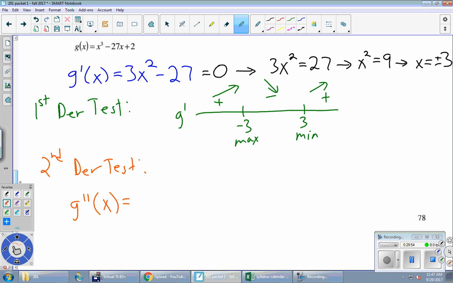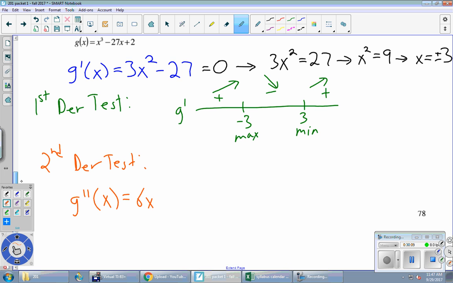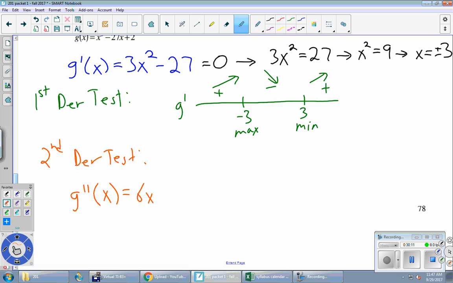Okay, what is g double prime? 6x. Okay, and then we take our second derivative and we evaluate it at the critical points. We don't set it equal to 0. We evaluate the second derivative at the critical points, which we found up above there in blue and black. So if I do g double prime of -3, I'm going to get some number.